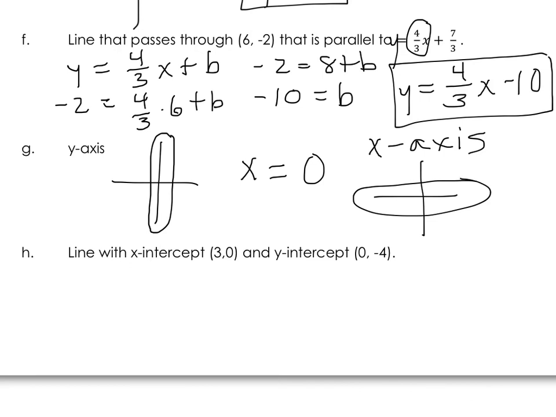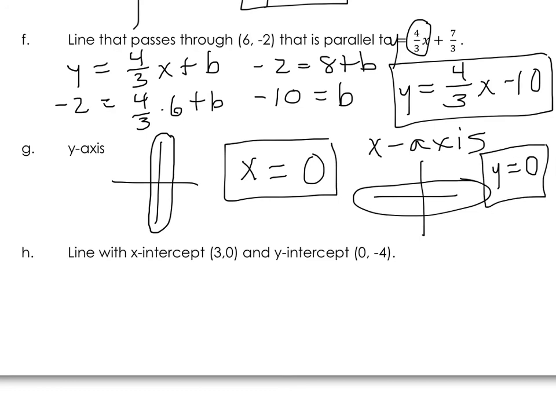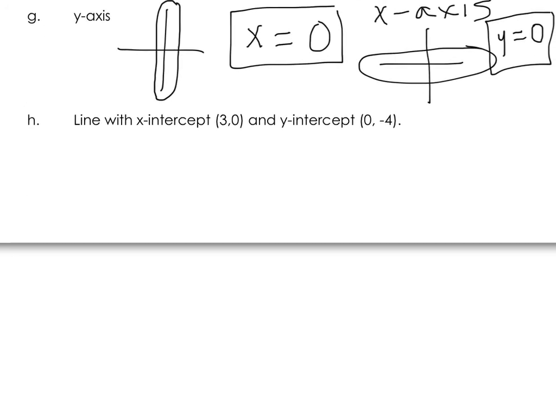It crosses the y-axis, so its equation is y equals, where does it cross it? 0. That's kind of funny, isn't it? It's sort of the opposite of what you want it to be. The equation of the y-axis is x equals 0.